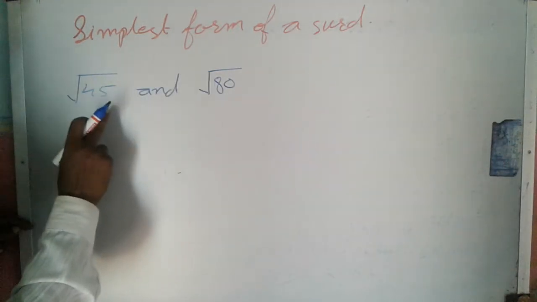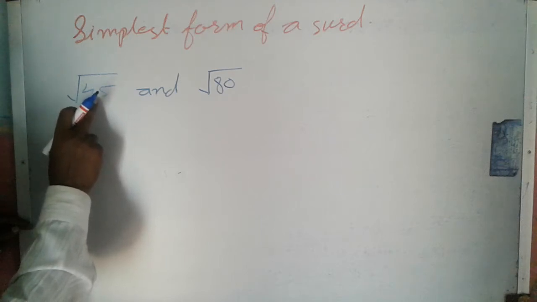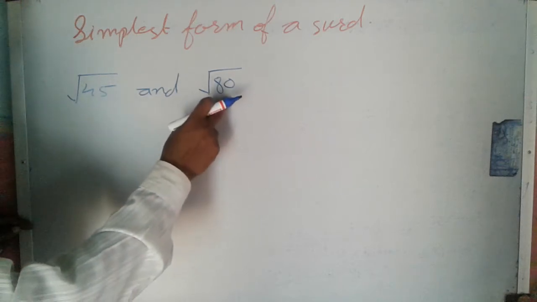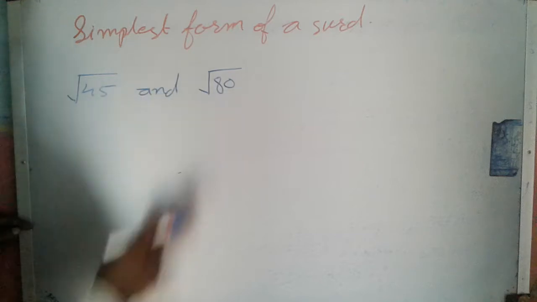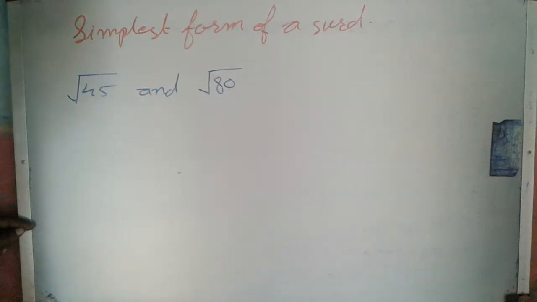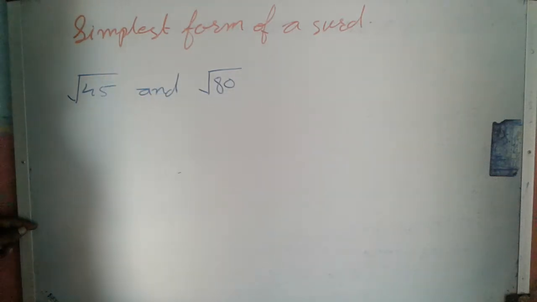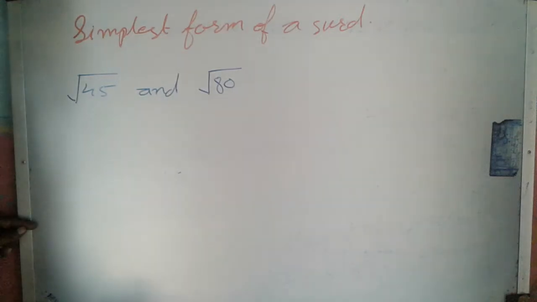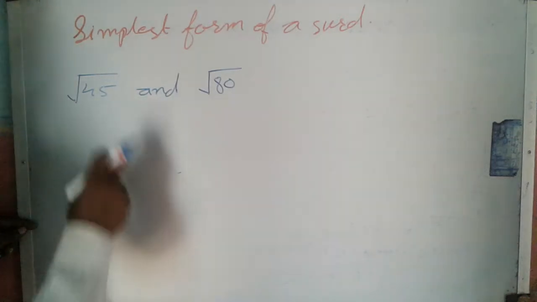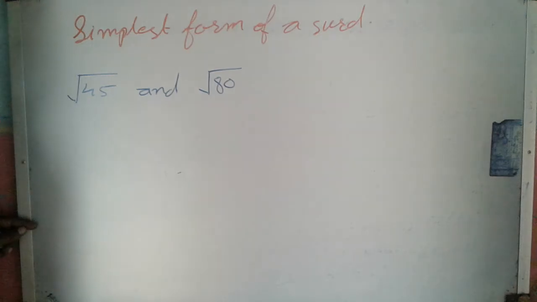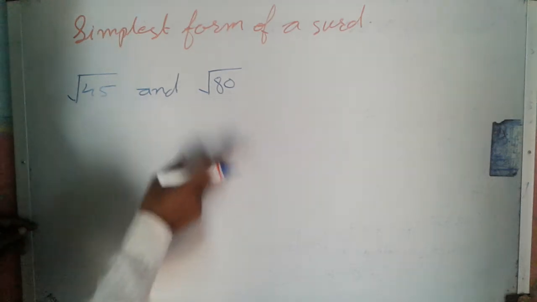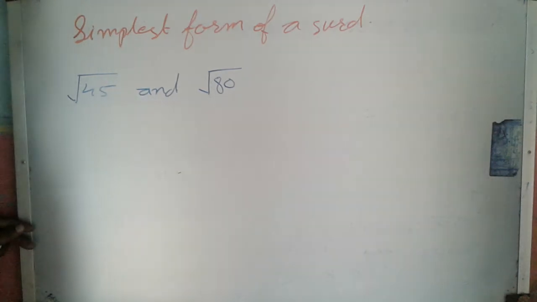But what about radicands? Here radicand is 45 and here is 80, not equal. But we cannot say that these are like or not. First we have to simplify and then we can say that these surds are similar or not.